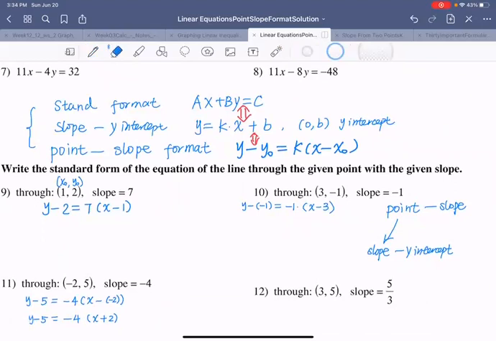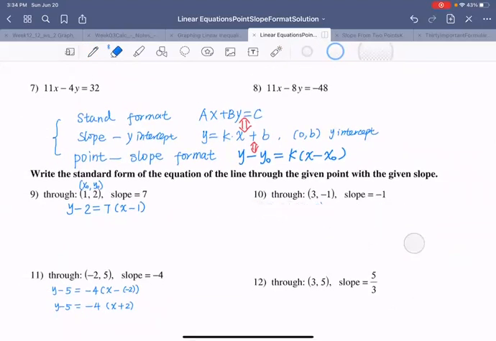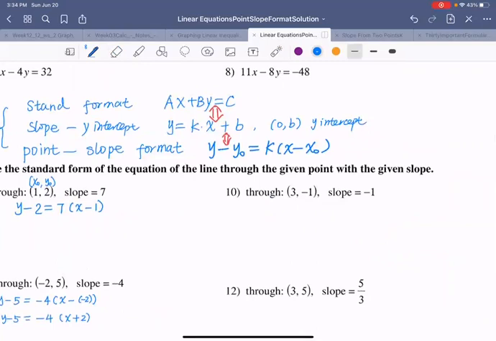Let's see number 10. Shang Li, let's do number 10. Y minus negative 1.